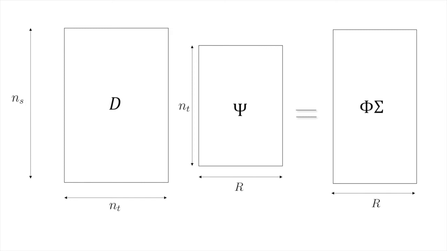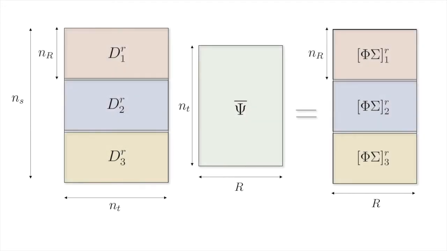So, we must proceed with partitions again, but this time using row-wise partitions. So we first reload our previous column-wise partitions and save them as row-wise partitions, as shown in this slide. Then we can perform the multiplication by blocks, obtaining the corresponding portions of the matrix phi sigma.